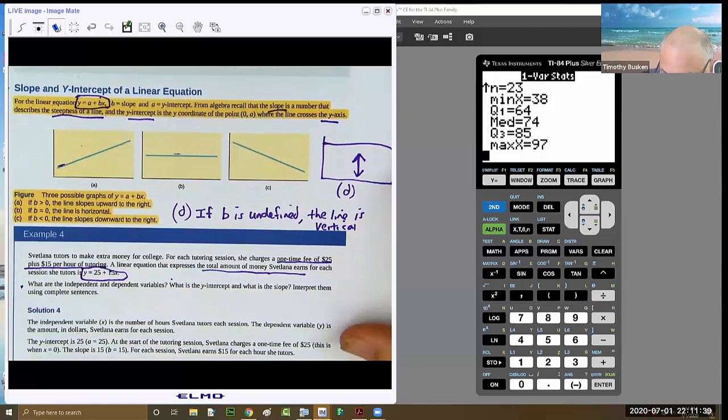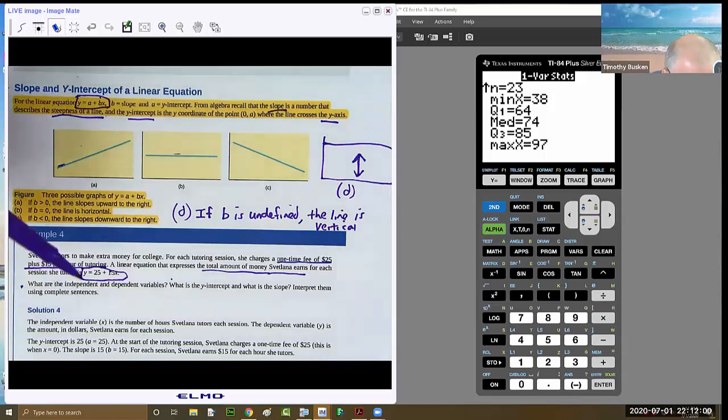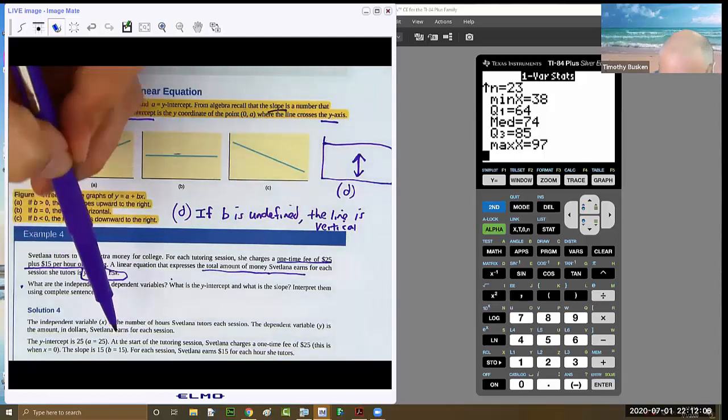And so here's the solution. The independent variable is always x, and here that would be the number of hours that Svetlana tutors. The dependent variable would be her revenue, the total amount in dollars that she earns for each tutoring session. Your y-intercept is always the number a, the constant, 25. And what does this represent?